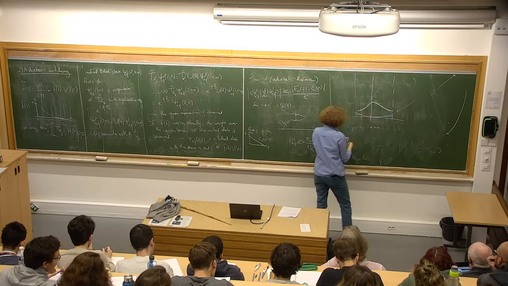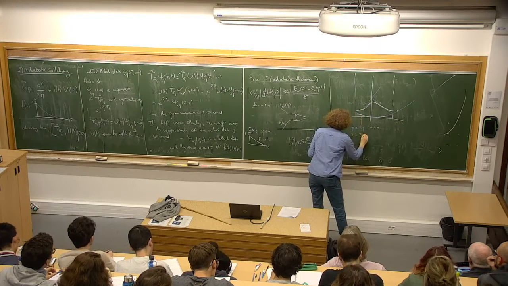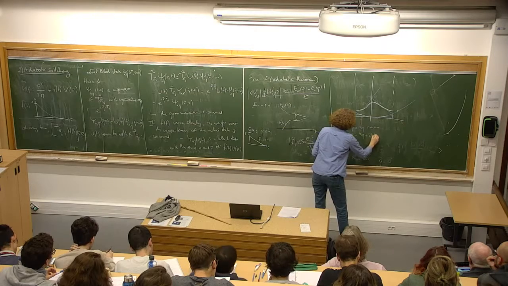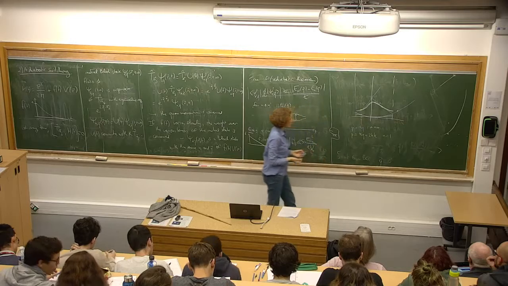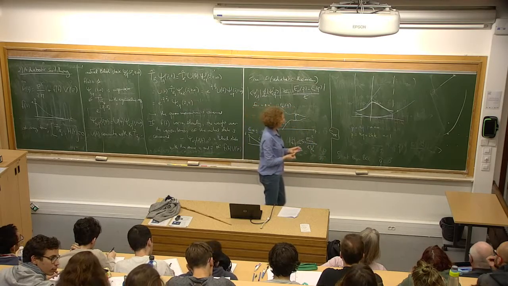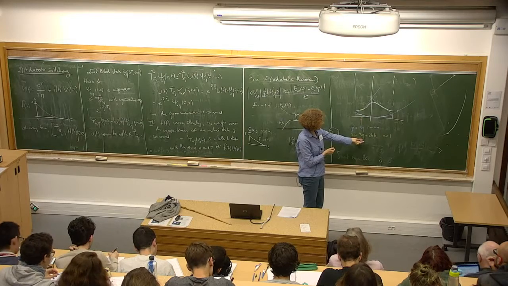So here, I end in p equals h bar q plus 2h bar k for the first excited band as soon as my q is negative.